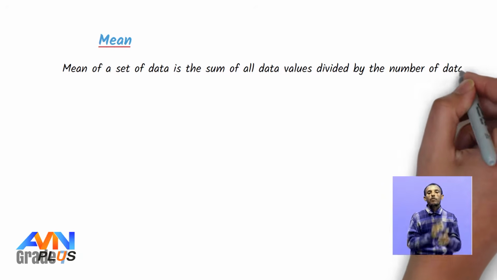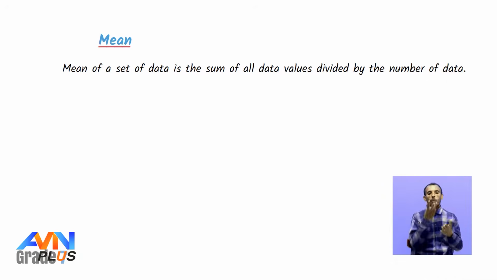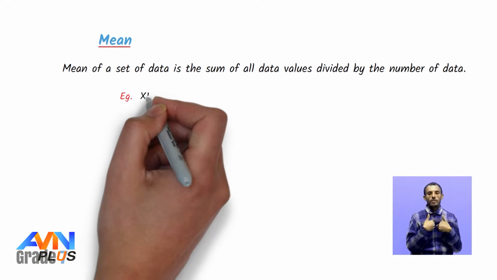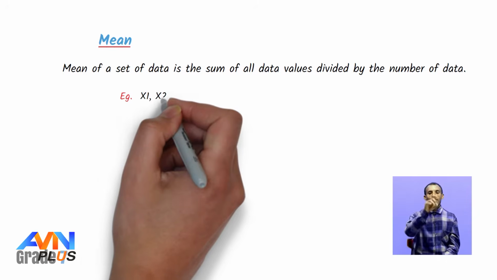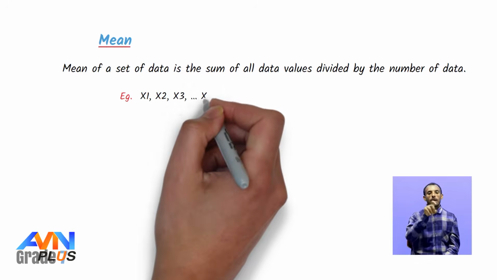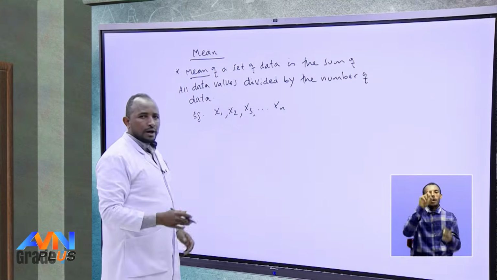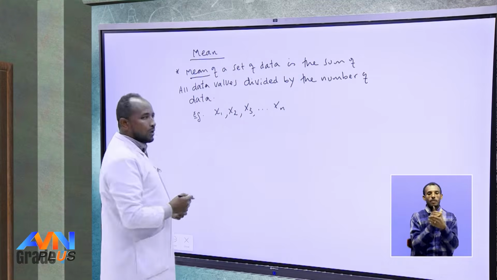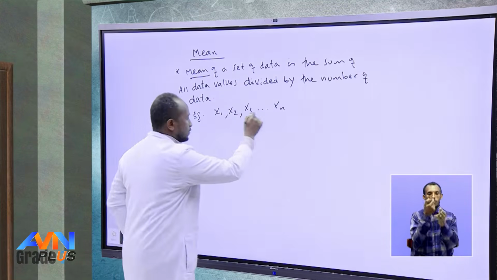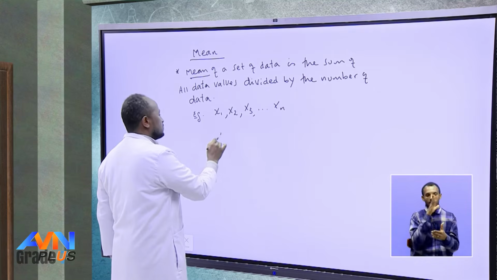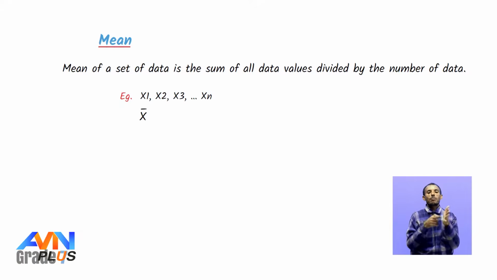For example, if we have the set of data x1, x2, x3 up to xn, and we are asked to calculate the mean of this set of data, simply what you do is add all the data. Most of the time we use the symbol x bar for the mean.